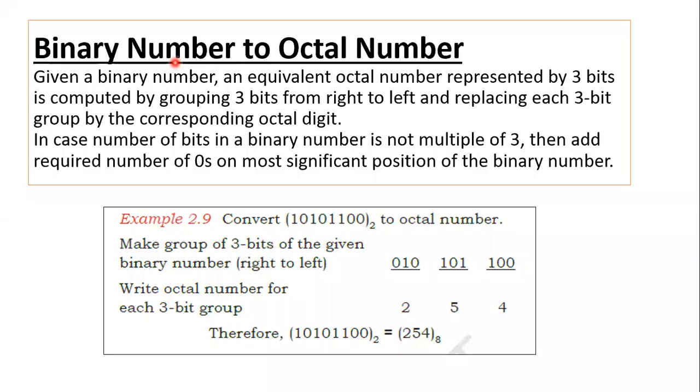Then we learned about the 3-bit grouping. So if I have a binary number that I want to convert to octal, octal is a 3-bit number. So I will divide the number into 3 bits starting from the right hand side. I will look at each group as a binary number, and I will give the decimal equivalent of the 3 bits.